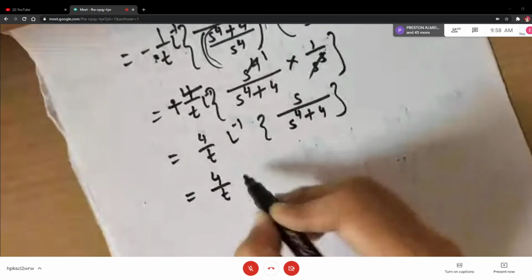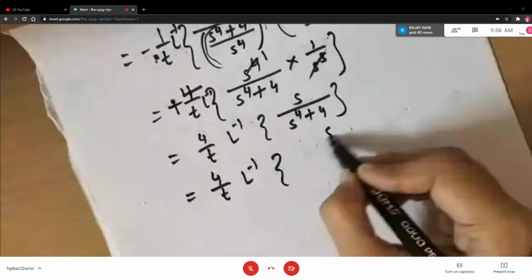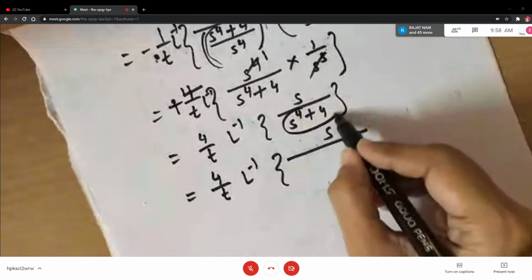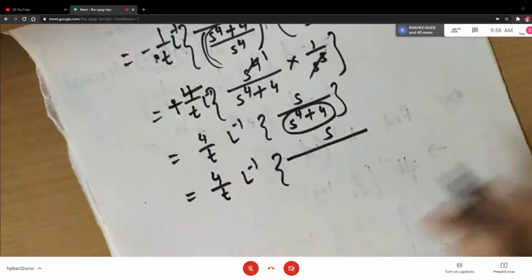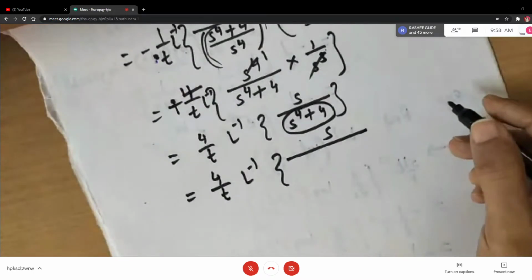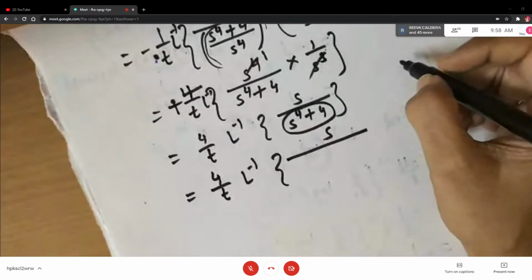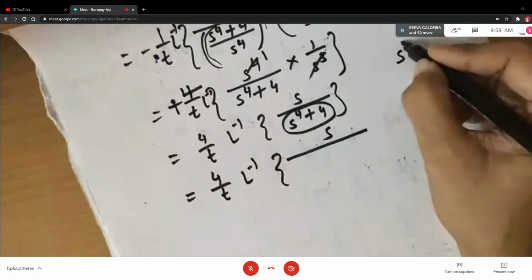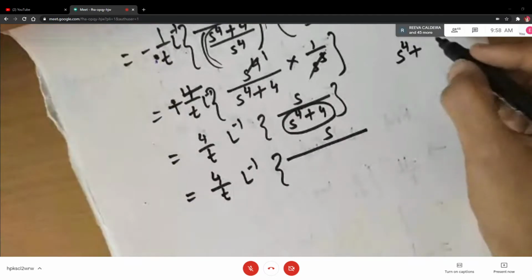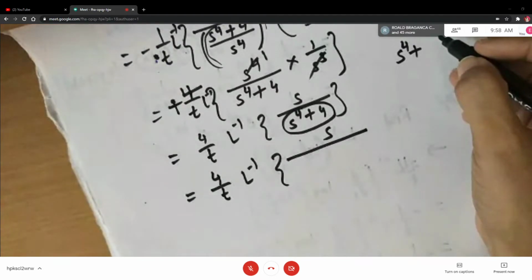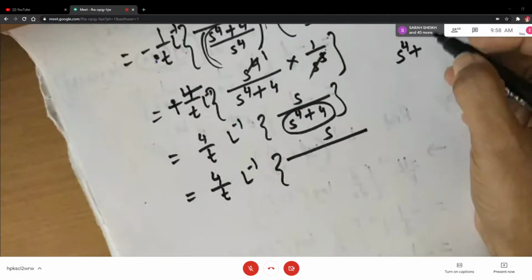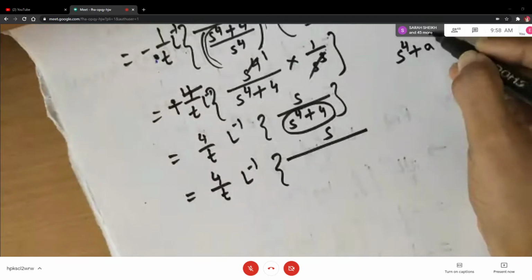It is 4 by t, L inverse of. I need to write the factors for s raised to 4 plus 4. And to write the factors, I need to tell you that suppose you have the term s raised to 4 plus a square. Okay.